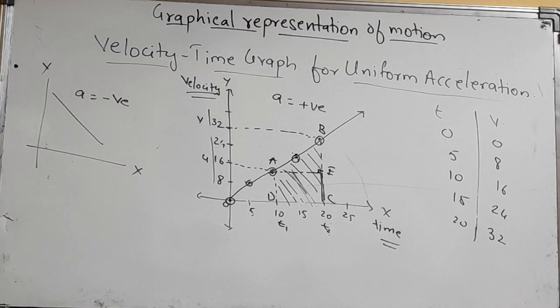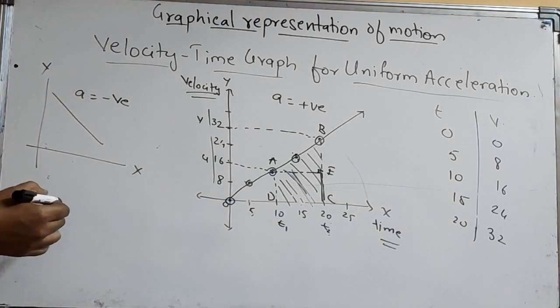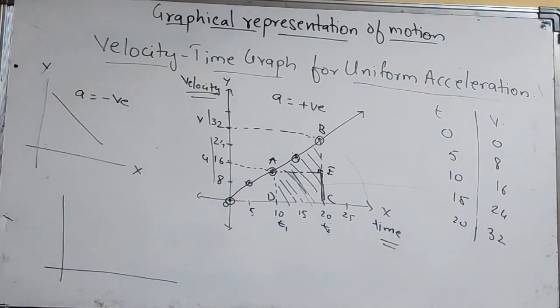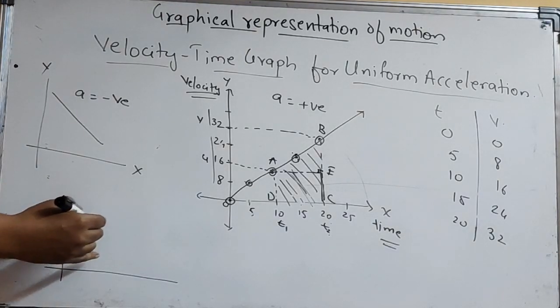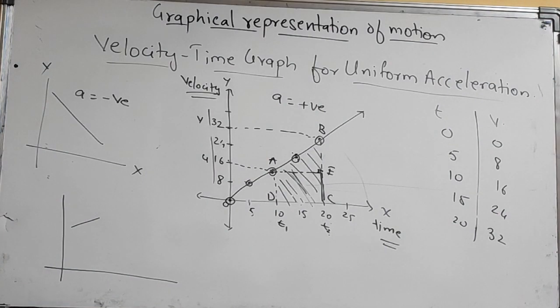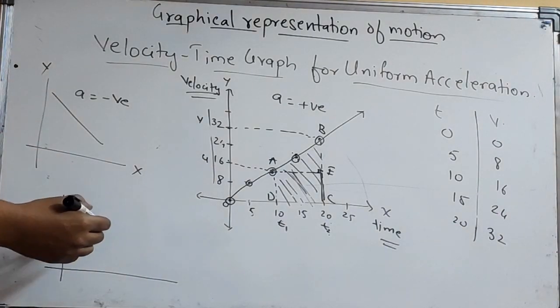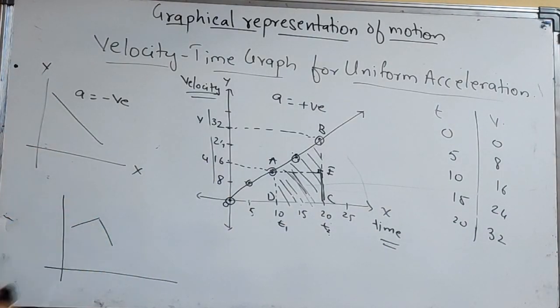So for varying acceleration, your graph will also change. For example, if a vehicle is moving in traffic, how will the graph of velocity and time look with respect to the acceleration? When the vehicle is moving towards the traffic, the acceleration is positive. When it comes nearer, the driver applies the brake and the acceleration drops down.